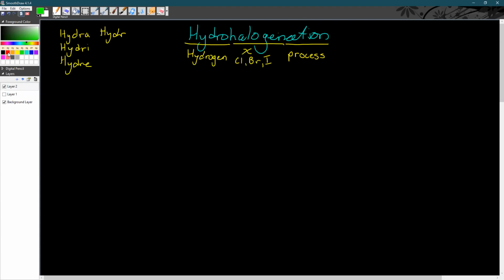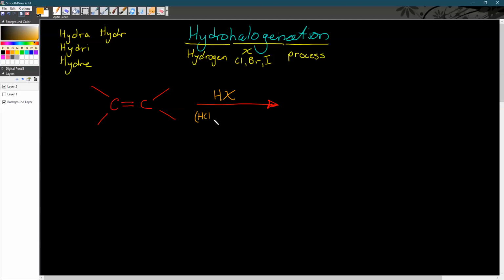So if we take our generalized form, what we see is that we have a carbon-carbon double bond. And what we're going to do is react it with something called a hydrohalous acid. Or in other words, we're just going to react it with HX. All right. Now, what could this HX be?